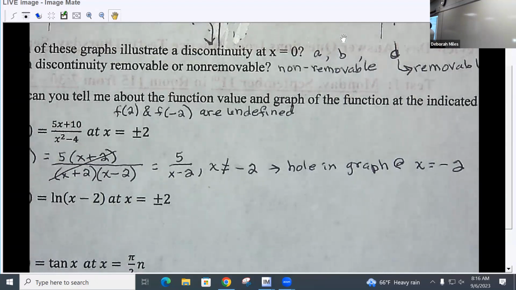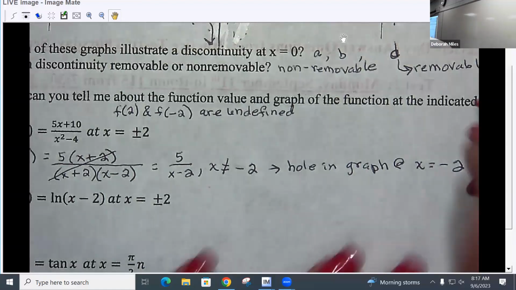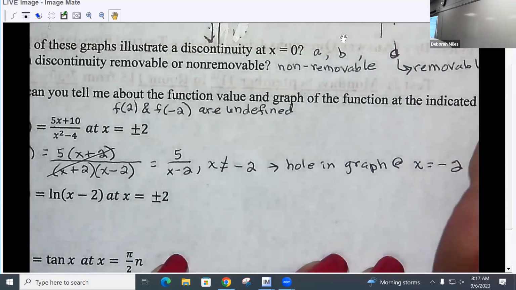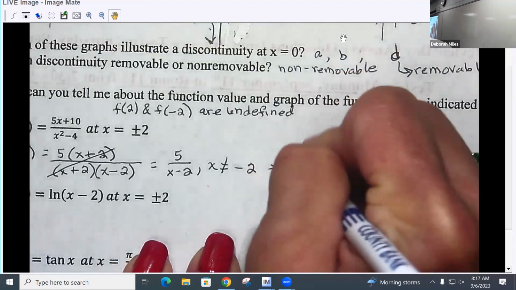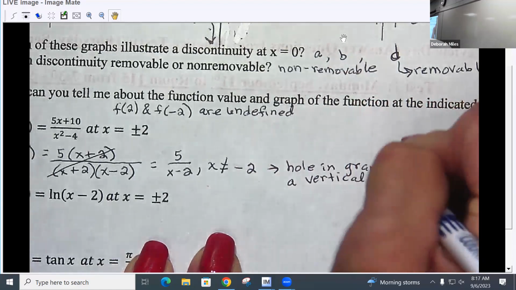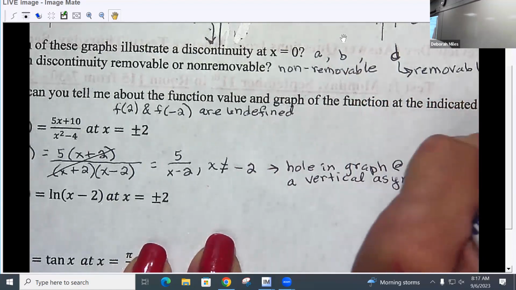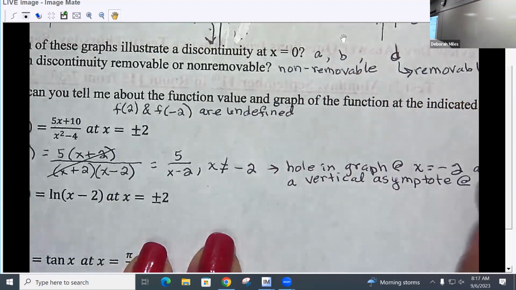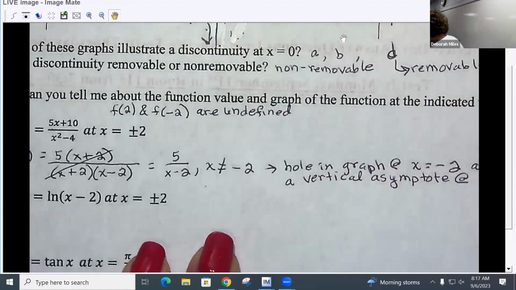What about +2? We can't do anything about that discontinuity. We cannot let x be +2 even in the reduced function. So we can say a vertical asymptote at x equals +2.